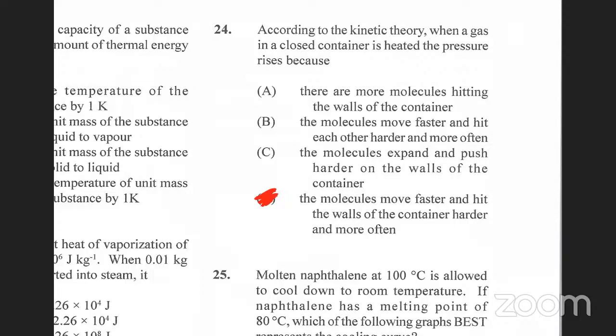Yeah, just checking out B, B has something similar, right? But pressure is really a result of collisions with the walls, with themselves too, but more with the walls of the container.